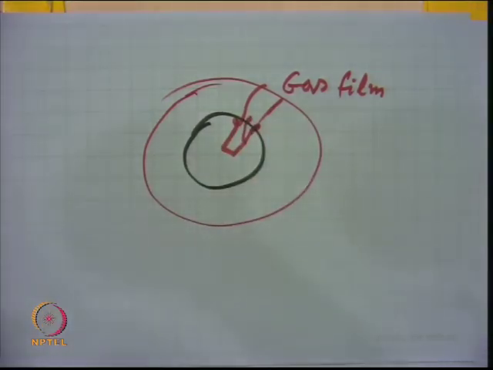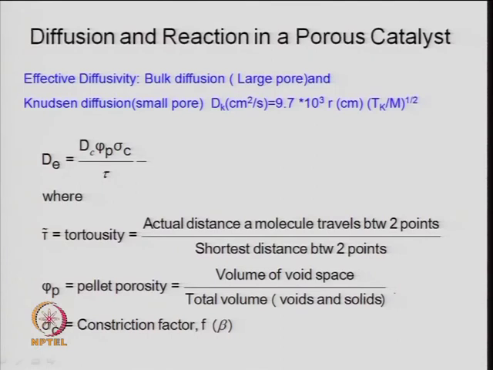The kinetics, the Langmuir-Hinshelwood or Rideal-Eley type mechanism which has been discussed, is based on surface reaction, which is the third step, where the two mass transfer steps have been eliminated. But when you have a catalyst pellet which is porous, with a certain porosity and tortuosity, it is also important to learn about the diffusion resistances in a pore of a catalyst.